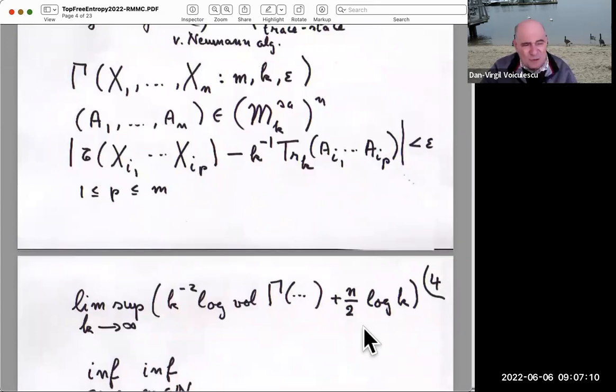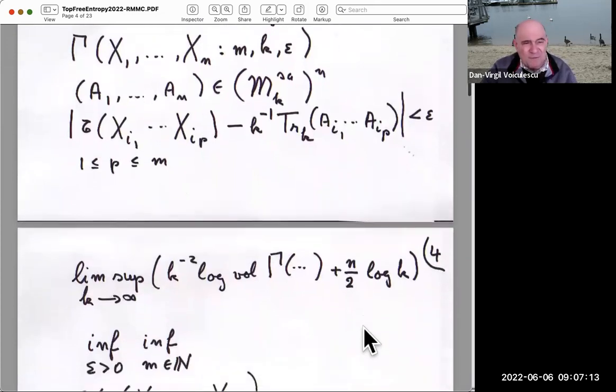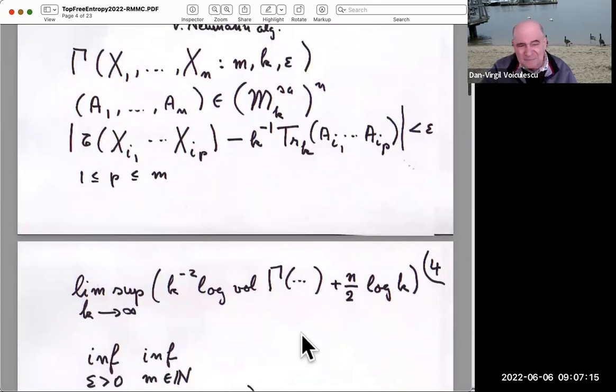And then the free entropy is defined in the following way. It's a limit, a normalized limit of the logarithm of the volume of these microstate spaces. So taking these approximants, these microstates which approximate x_1,...,x_n in distribution, and I take their volume.